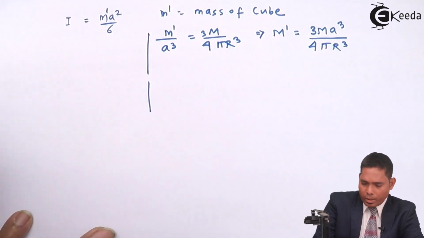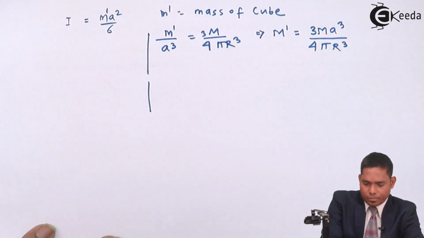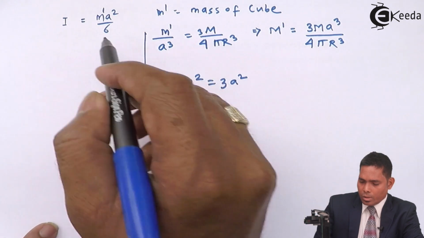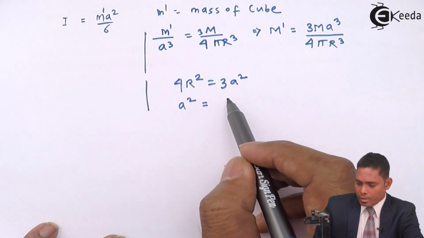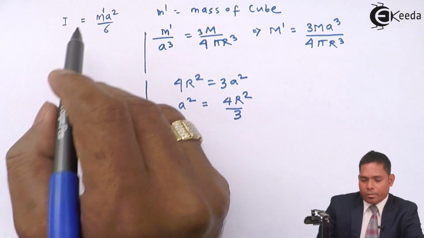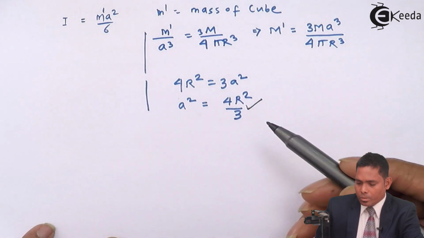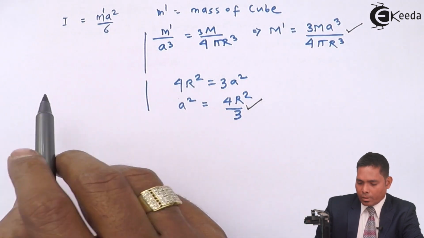Already I told you that 4r square is 3a square. Here a square is required, so a square I'll put as 4r square divided by 3. I substitute this a square and m dash in this expression.